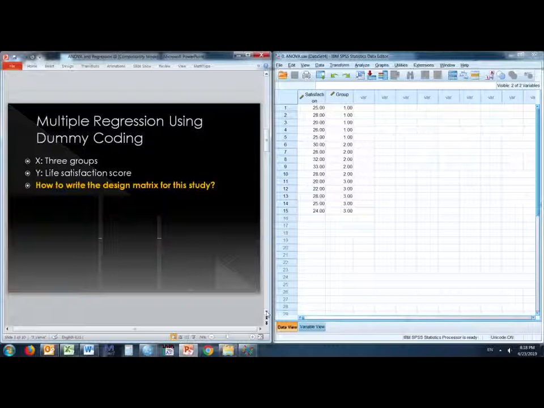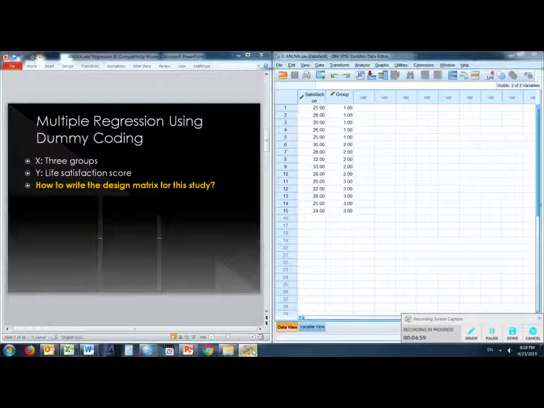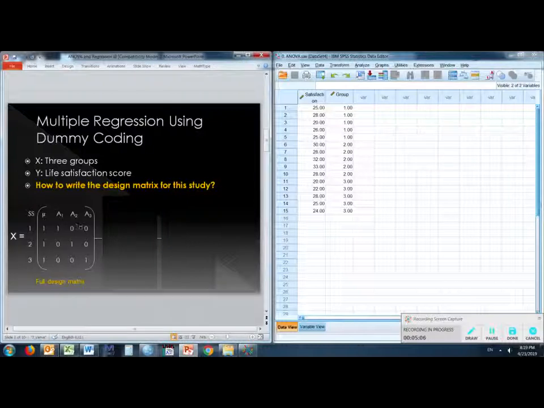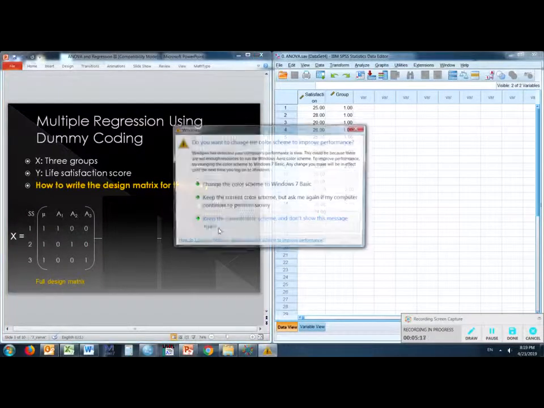How to write the design matrix for this study? First, we can write the complete design matrix. We have 4 columns because we have 3 groups. 3 plus 1 is 4.